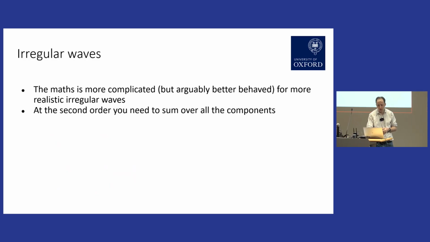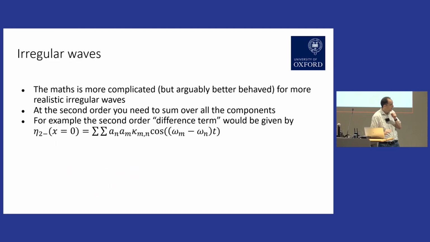But in reality, we're interested in what's going on for irregular waves. So in general, at the second order, we want to essentially sum up the interactions between every component that's propagating. So if we go back to our original description of linear waves, there we're just adding up all those different sinusoids.